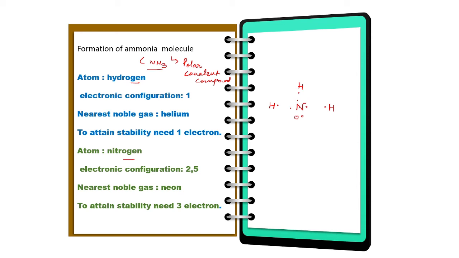Each hydrogen will form a bond with the nitrogen, resulting in formation of 3 single covalent bonds between nitrogen and hydrogen.